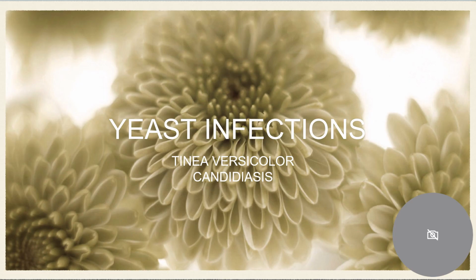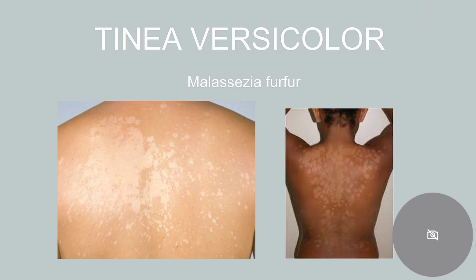Let's talk about yeast infections. We'll be talking about tinea versicolor, which is a misnomer, and candidiasis. Firstly, we'll look at this very, very common skin infection by the organism Malassezia furfur, which is called tinea versicolor.